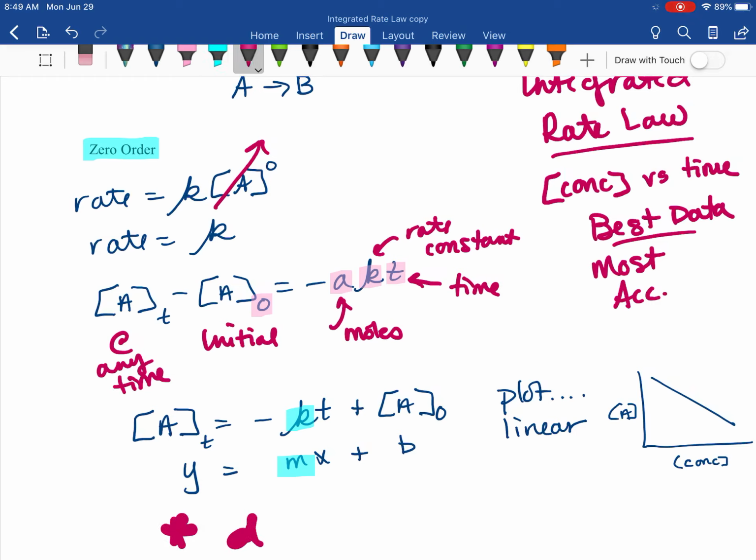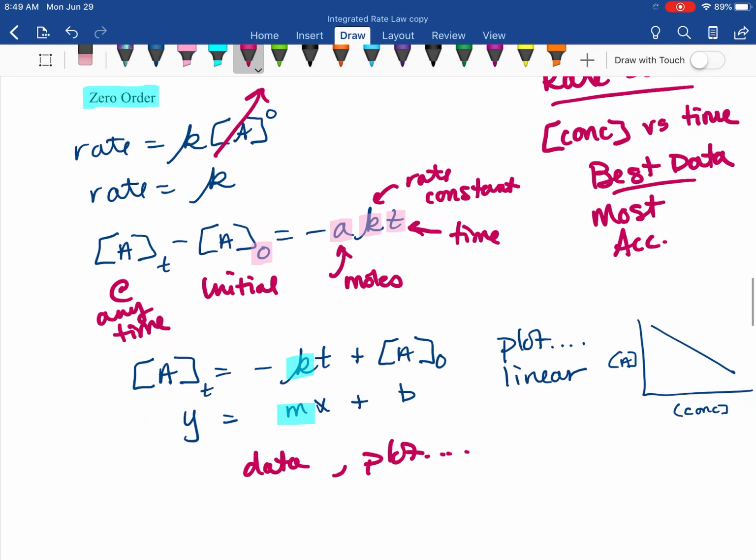So if we can take our data and plot it, we can actually solve for order and rate constant just from figuring out which plot is linear. So that's what we're going to do next. That's our next set of videos. This one, I'm going to give you all of your help in your equation, and then we're going to turn right around and plot these.